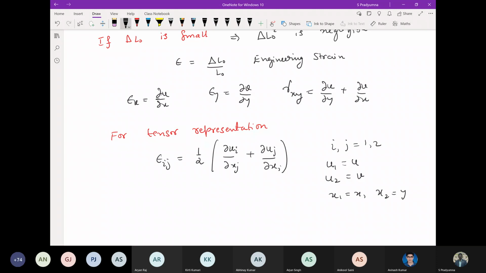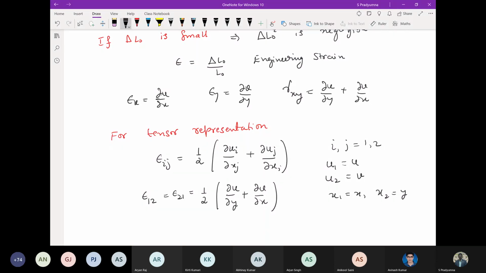So these are our definitions. If I consider, for example, epsilon 1 2, which is equal to epsilon 2 1 also, that is 1 by 2 into dou u by dou y plus dou v by dou x.